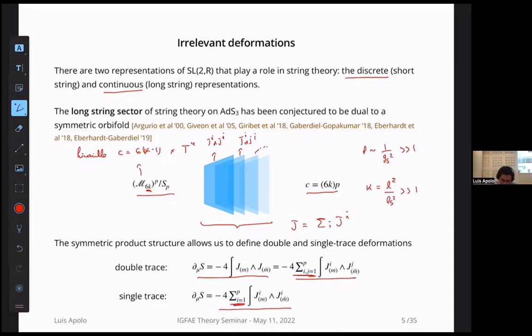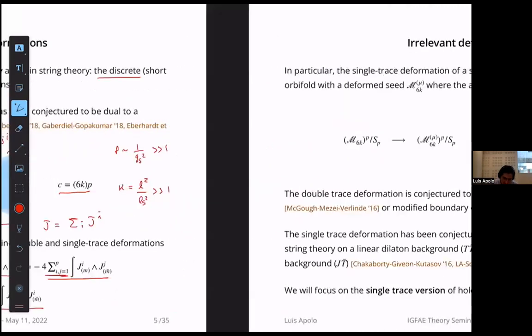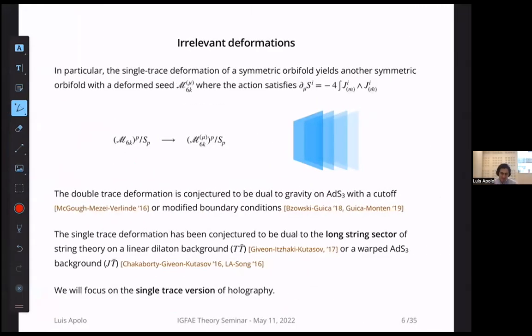It's single trace. Now, what's interesting about this single trace deformation is that it takes a symmetric orbifold and gives you another symmetric orbifold. So all that we accomplished by the single trace deformation is that we've changed the seed theory, so that each theory in the copies of the symmetric orbifold now will be either a TTbar or a JTbar deformed theory, or a linear combination of them.